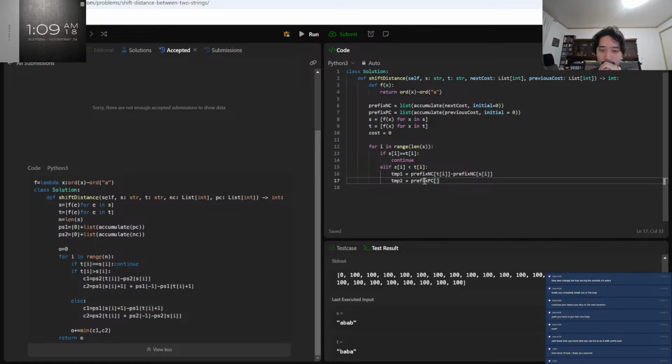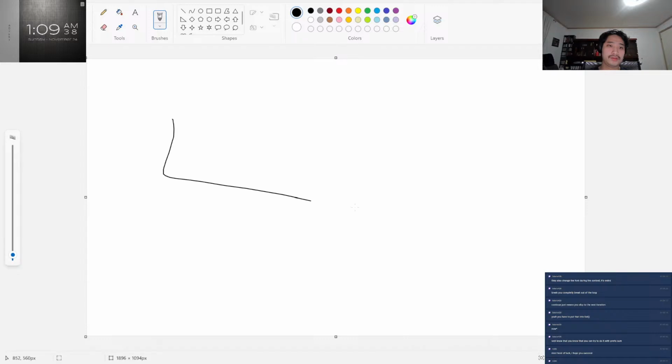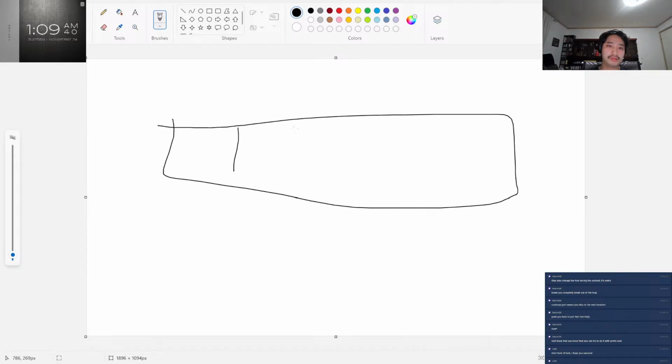I need to, how would this go again? Give me a second, I just need to paint it. So blah blah blah. I have now for this way, now I define the for this way.